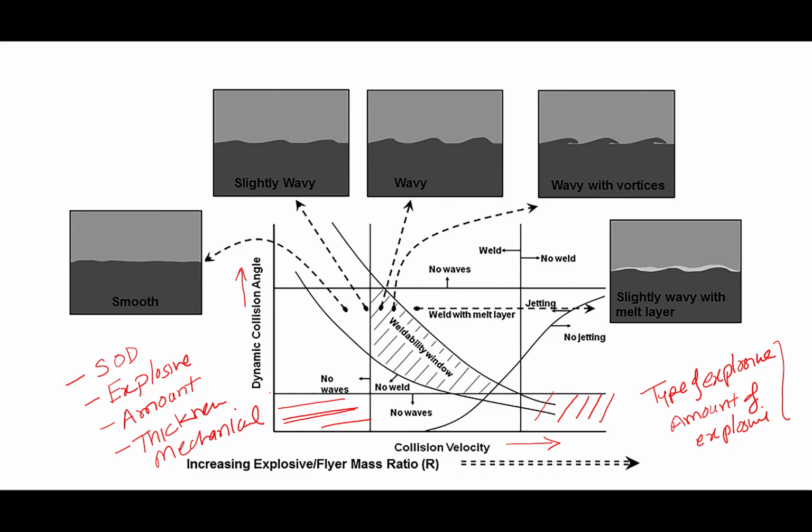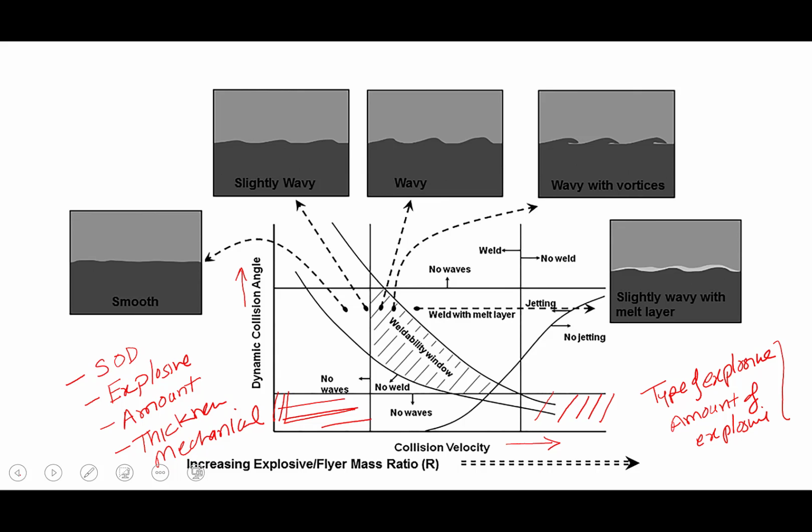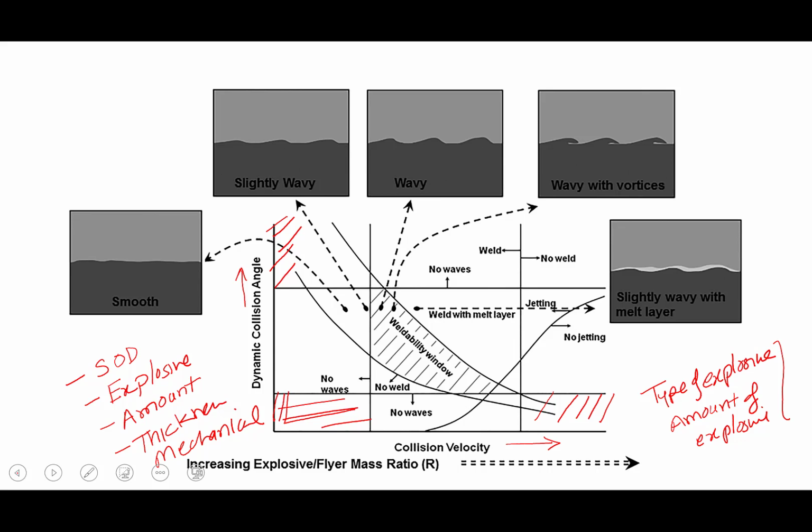Similarly, a low collision angle and a high collision angle are also not helpful. So you need an optimum collision angle and collision velocity for development of the desired joint interface.